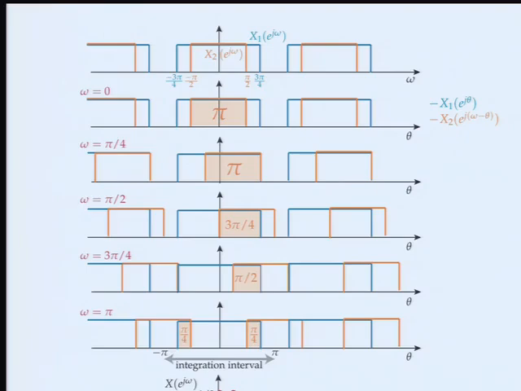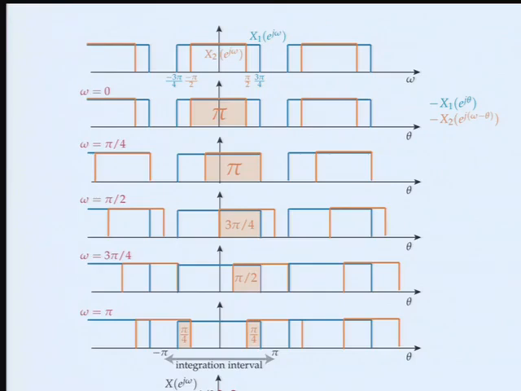Okay? Now you can start looking at omegas different than 0. That means dragging the orange box a little bit, right? But you see there's a little bit of wiggle room before the two touch each other. What is the space between them? Pi/4, right? So as long as omega is less than pi/4, that area is not going to change, because it's still an area of pi.